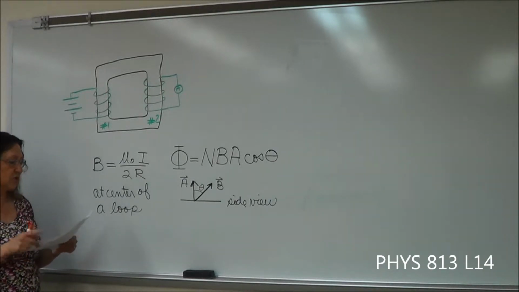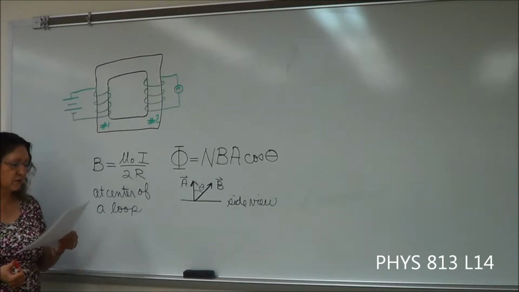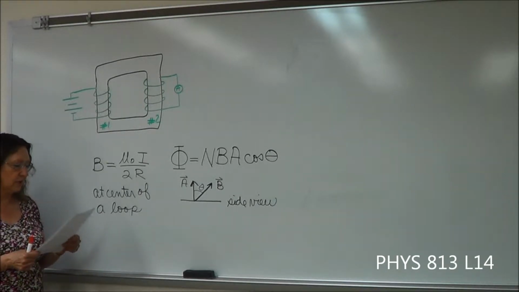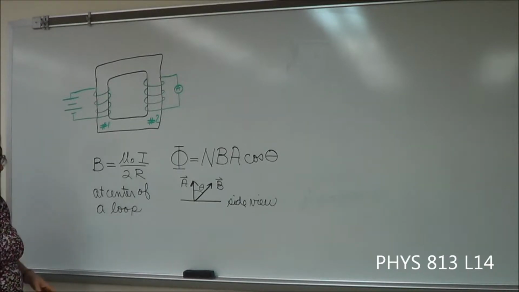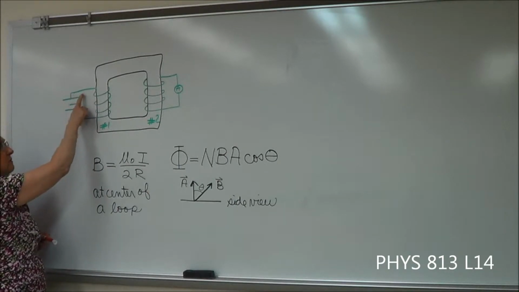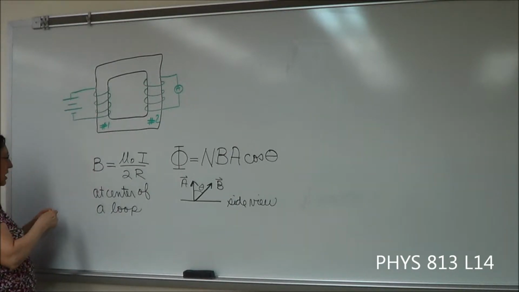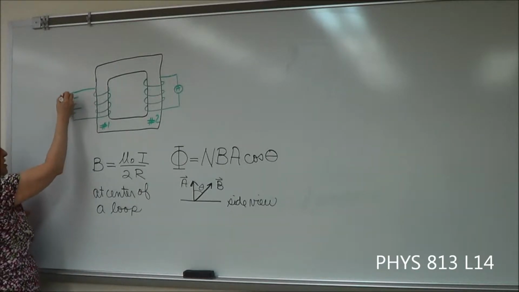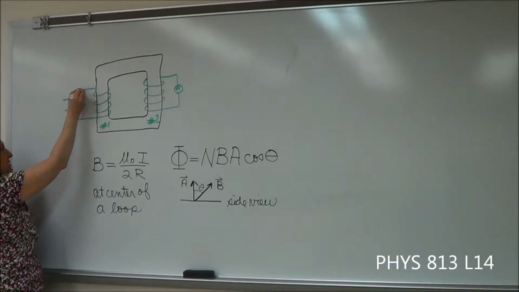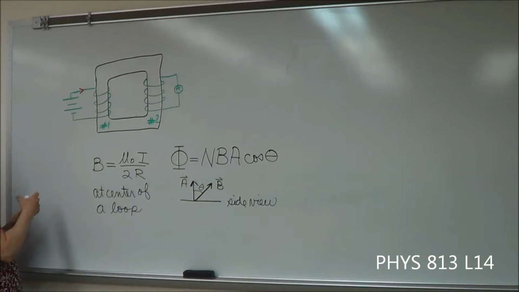Step 1 says to draw an arrow to indicate the direction of the magnetic field through the center of the coil. Okay, so I have to make sure I read my instructions there. So we have the wire. Notice that this is the positive side of the battery, so the current comes out the positive side and goes in that direction.